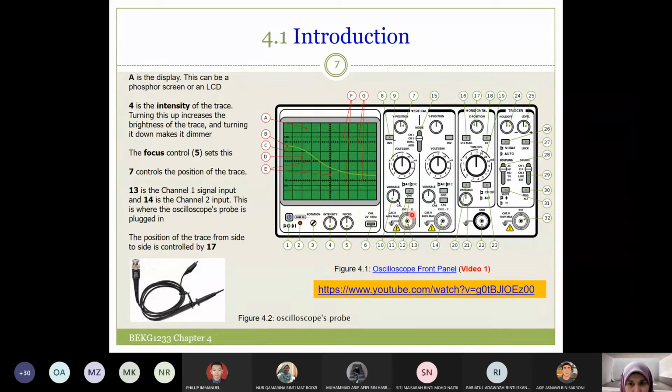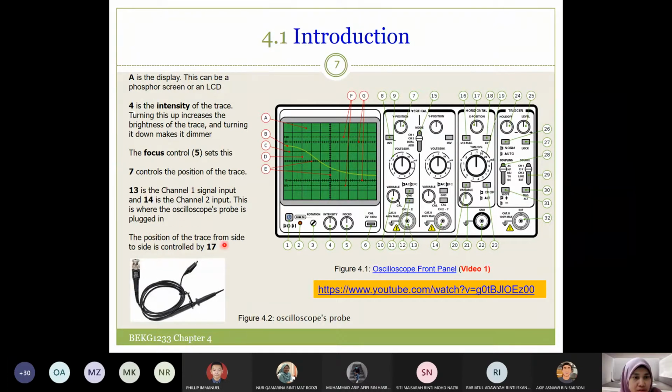Okay, so this is for channel 1. This is for channel 2. So if we use only one probe, or we want to display only one waveform here, we just use either channel 1 or channel 2. So this end will be attached to node number 13 or 14. So if you want to display two waveforms, we will have two probes, one at 13, another one at 14.